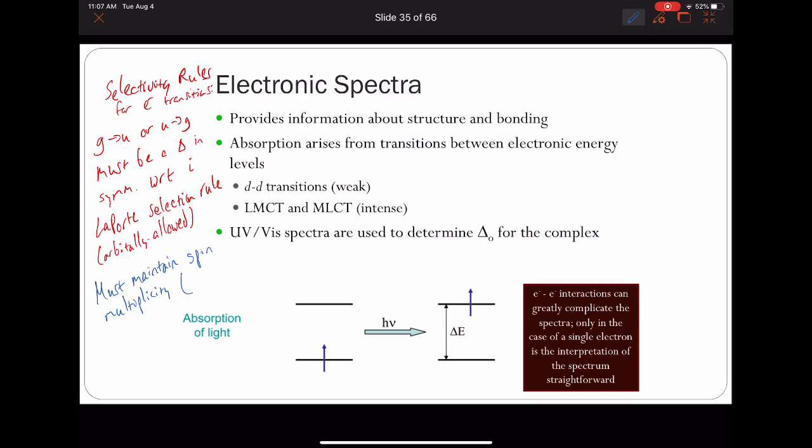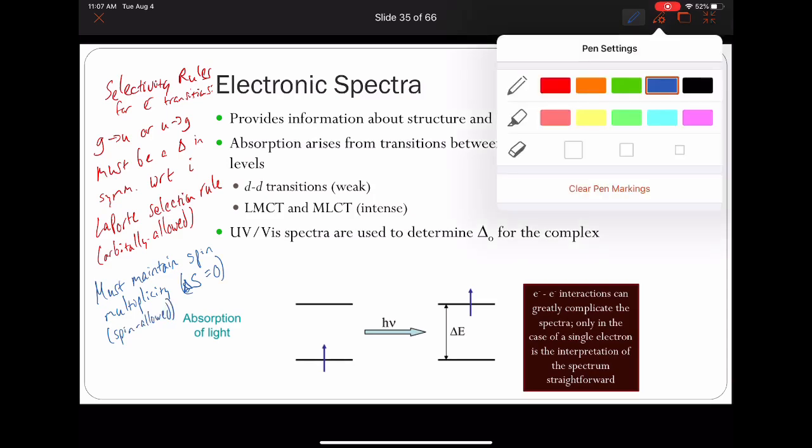So this means that the change in capital S must be equal to 0. And systems that obey this are referred to as being spin allowed.